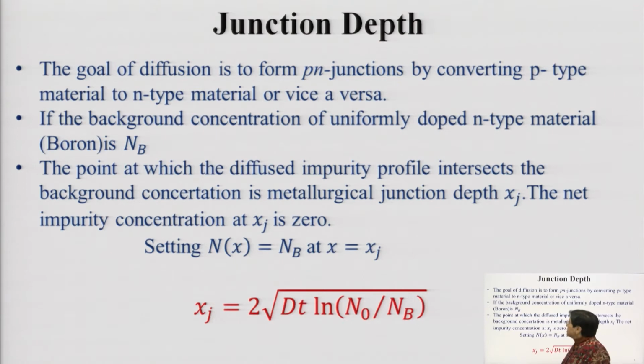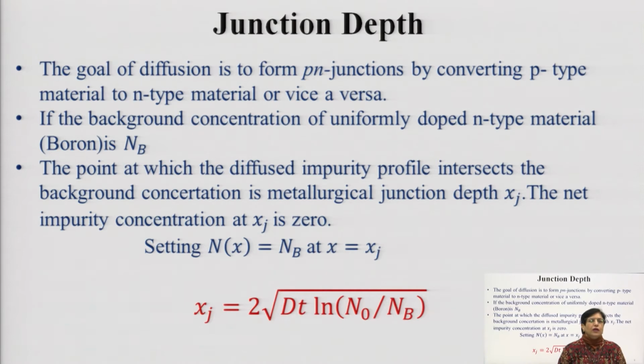The goal of diffusion is basically converting p type material to n type material or vice versa. That means you want to form a p-n junction, allowing the movement of dopant species into the material. So, if it is a basic n type wafer, we expose it to p type impurity, and that lightly doped n type material will get converted into heavily p type.